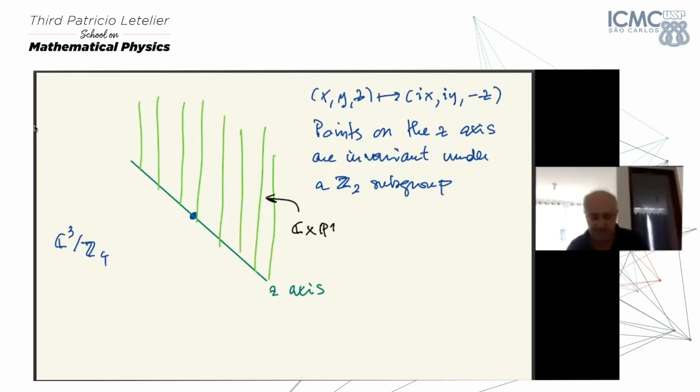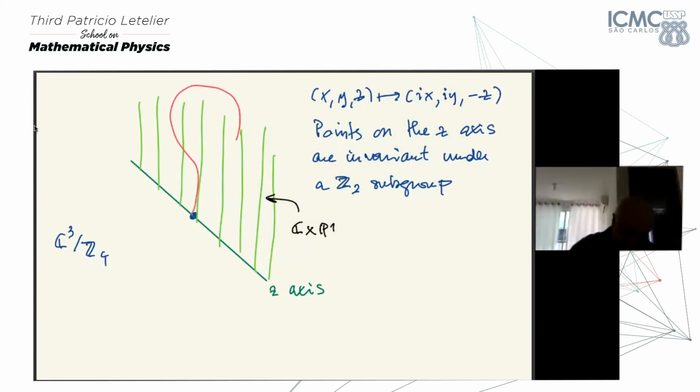You may think of it as the axis, and then you have fibers that are copies of P1. Altogether is compact. And then you have sitting only above the origin something which is compact and is a copy of the second Hirzebruch surface.